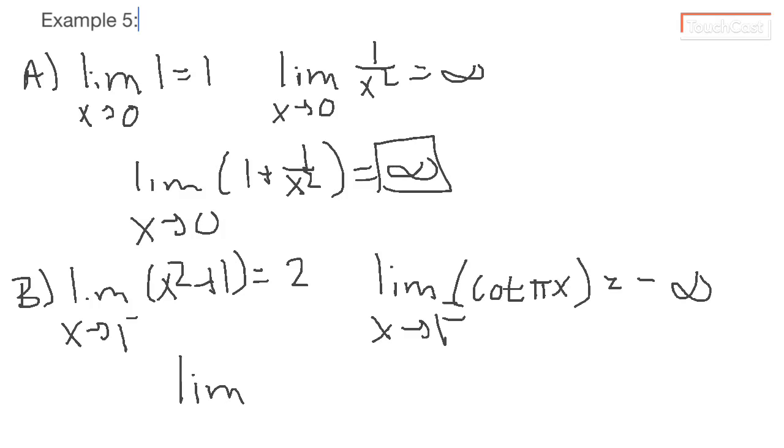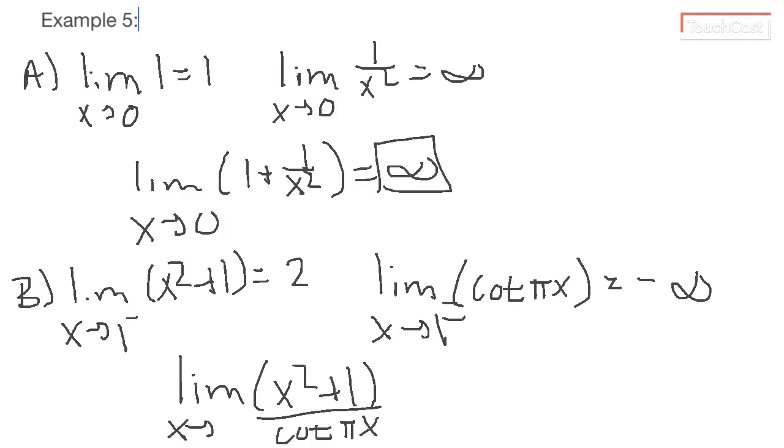We want to know what is the limit of x squared plus 1, that whole thing over cotangent of pi x as x approaches 1 from the left.